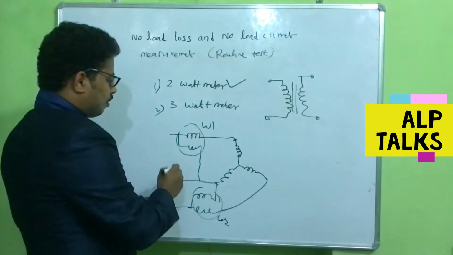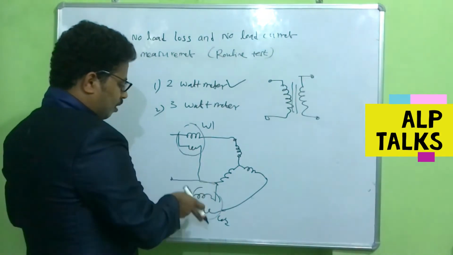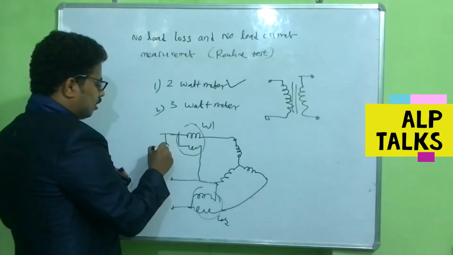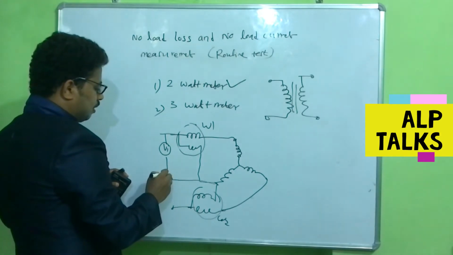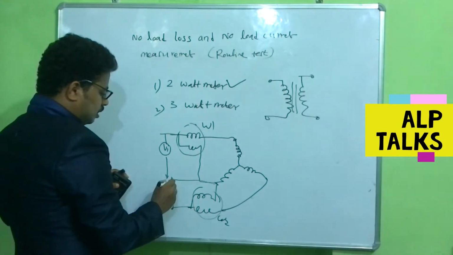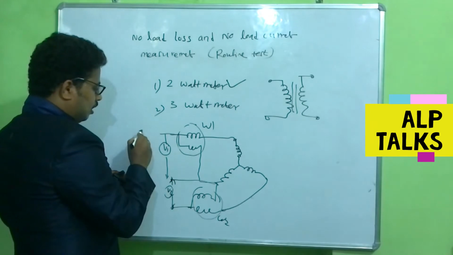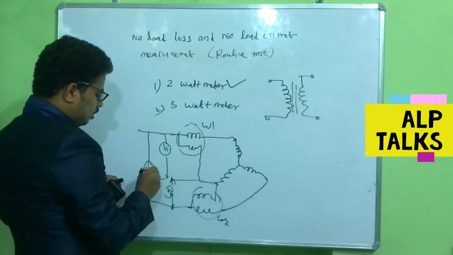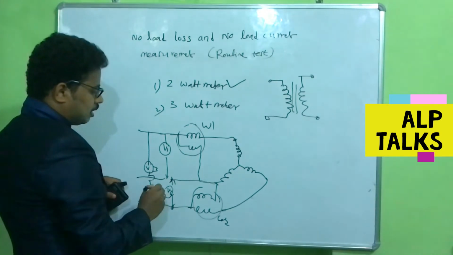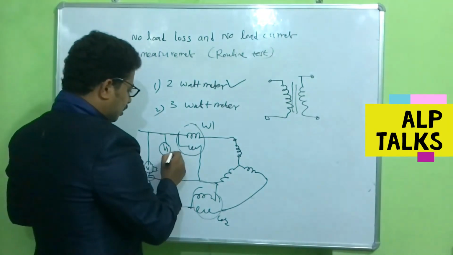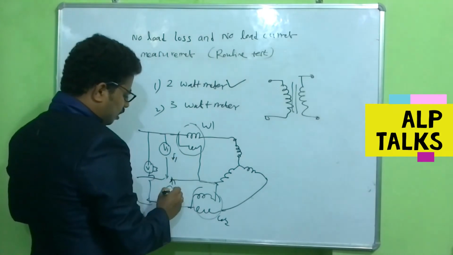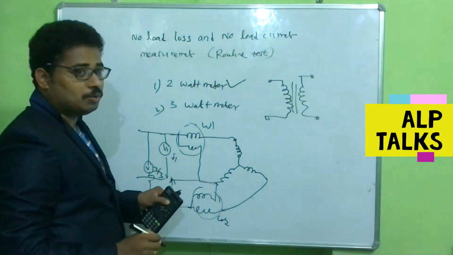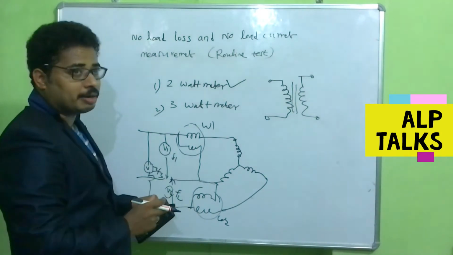In this way you can measure with the different wattmeters, and you can connect voltmeters here, V1, which will measure V1 and V2. Similarly, we can connect another voltmeter, V3. In the same fashion, you can connect frequency meters also, F1, F2 and F3. So this is how you can do with this 2 wattmeter method.